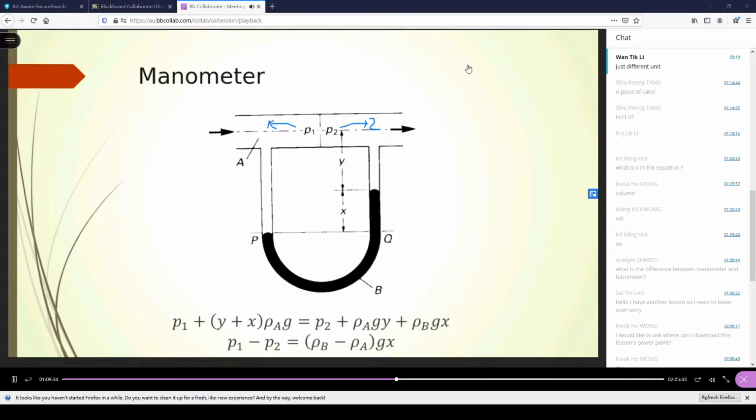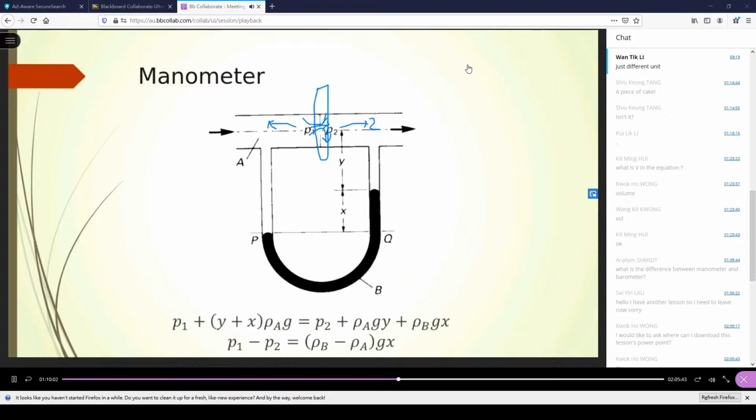There are many situations where the fluid will lose its static pressure. When the fluid comes in through a structure like this, it will suffer some loss. Later on we will talk about loss. When you go through some kind of structure like this, the energy of the fluid is lost, so the static pressure is lost.